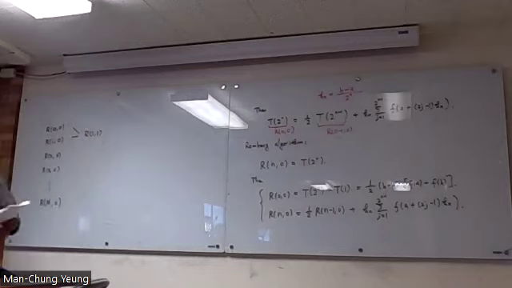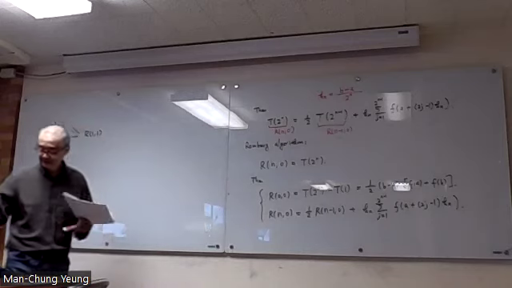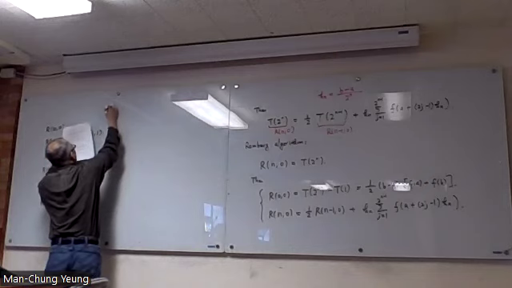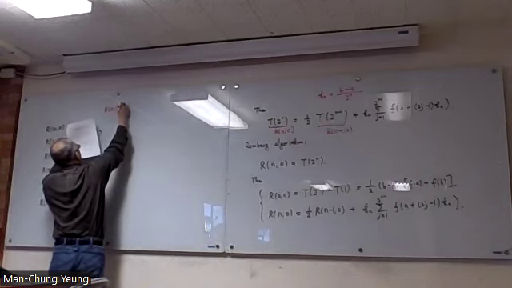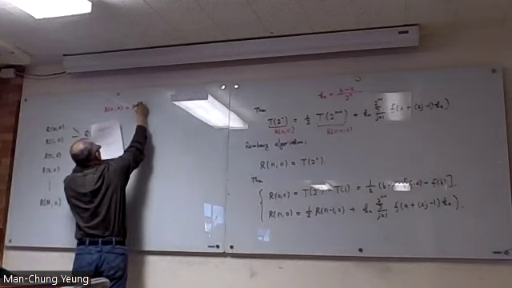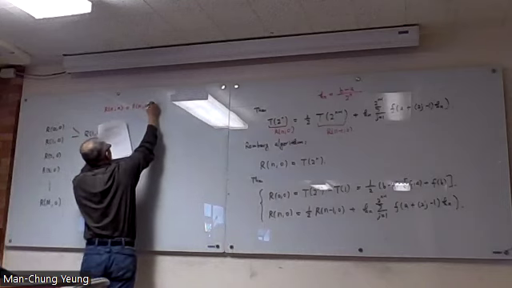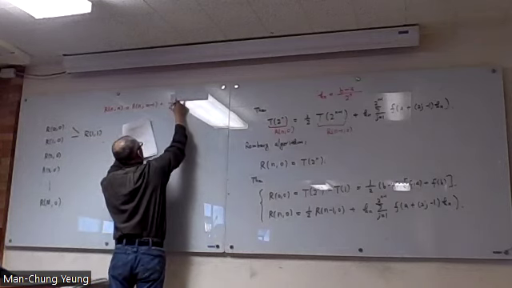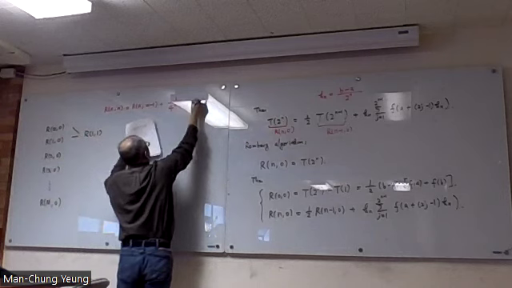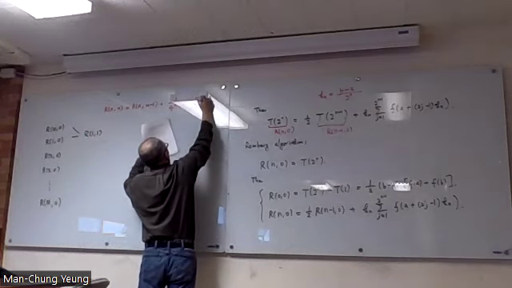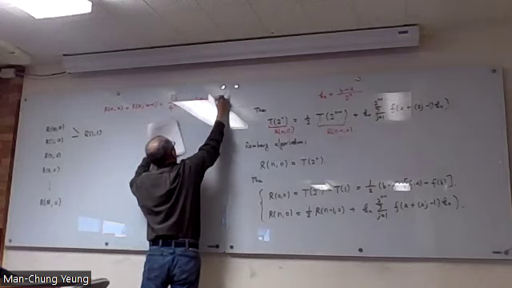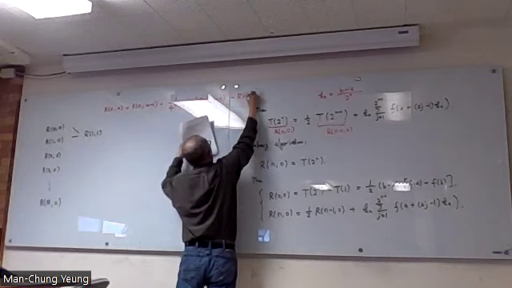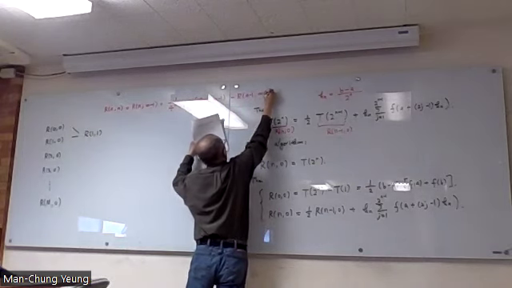The formula is here: R n, m is equal to R n, m minus 1 plus 1 over 4 to the m minus 1, times R n, m minus 1 minus R n minus 1, m minus 1.